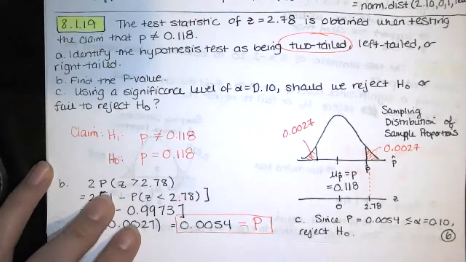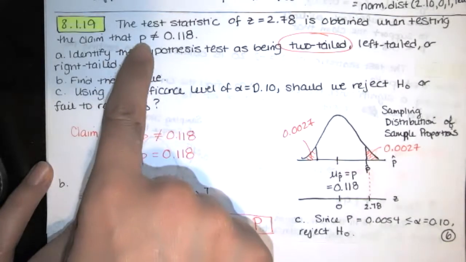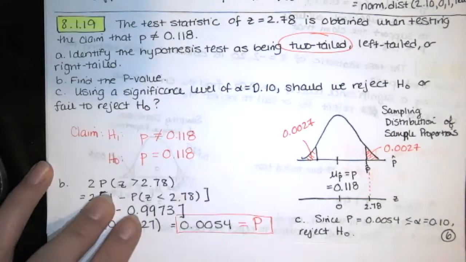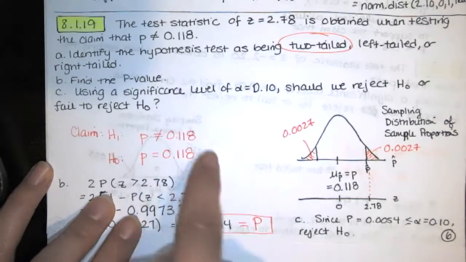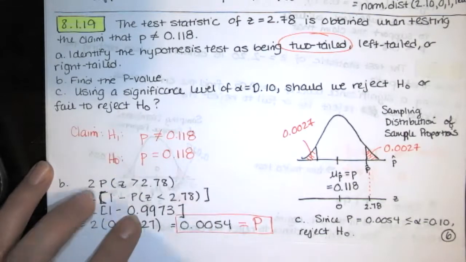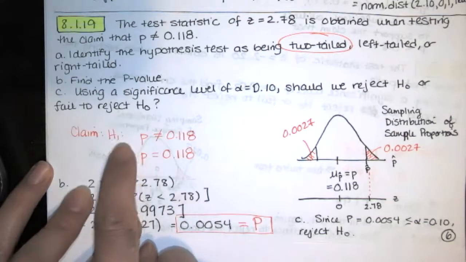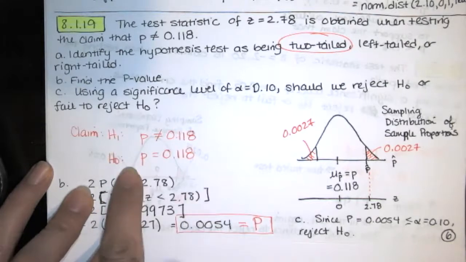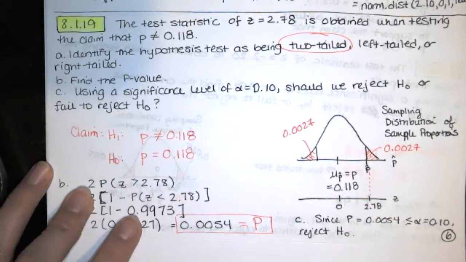Okay, so we've got this. And now the question is, what do we say about that initial claim? The claim was that the true population proportion is not equal to 0.118. And we rejected the idea that it was equal to 0.118. So what does that tell us? If we're saying this is not true, it's either this or it's this.